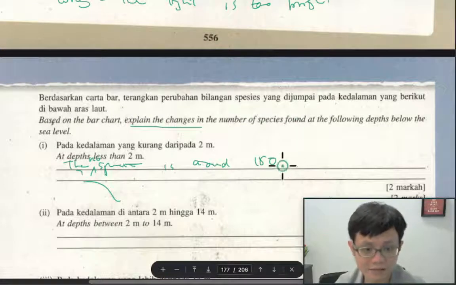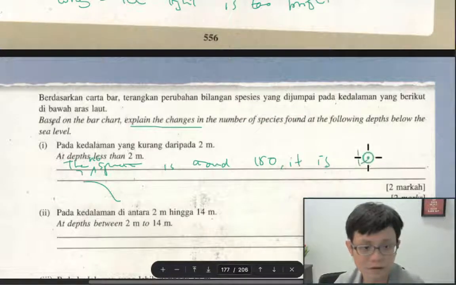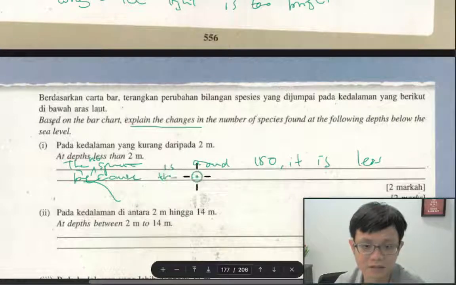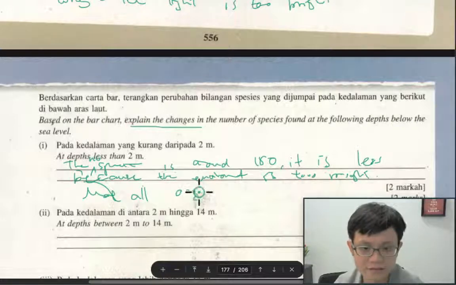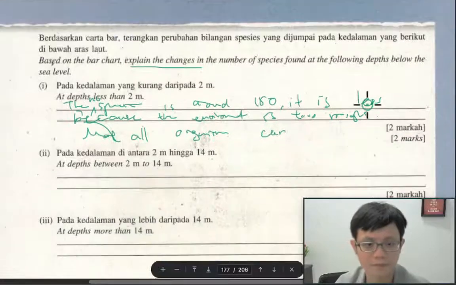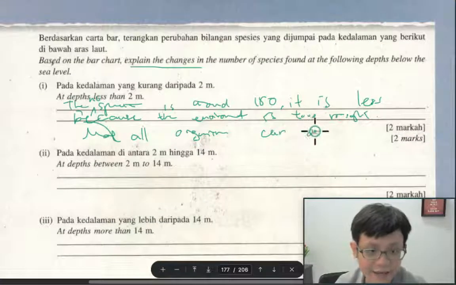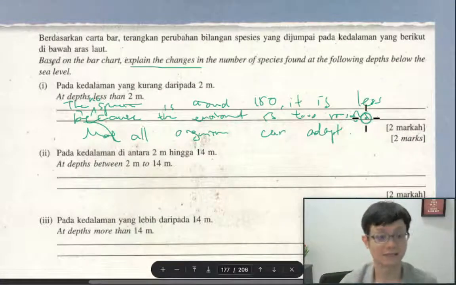It is less because, maybe you can say, because the environment is too bright. Not all organisms can adapt. Explain anything that makes sense.